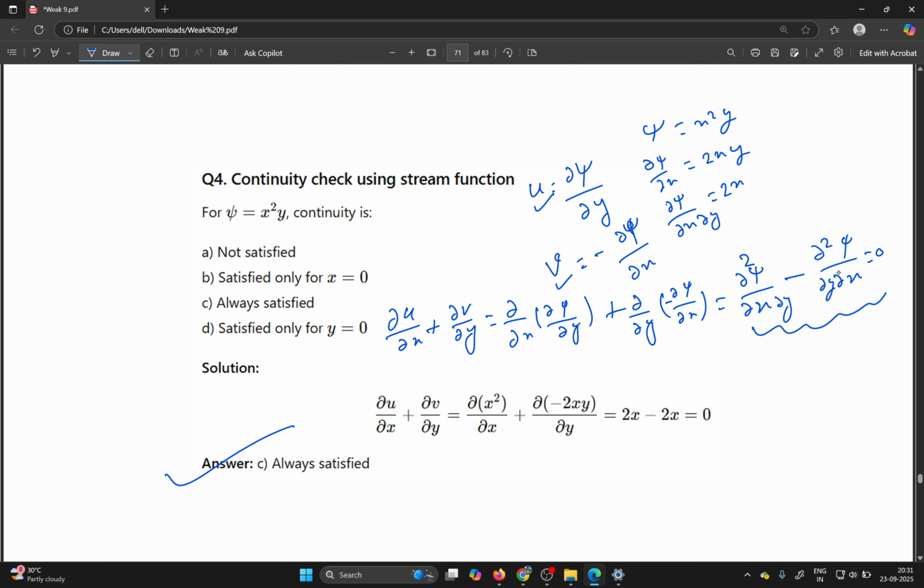Similarly for the other term, the similar value will come, because you are differentiating with respect to x and y, here also with respect to y and x. If you differentiate with respect to y, del psi by del y you will get x square, and again del psi by del y and del x, you will get how much?